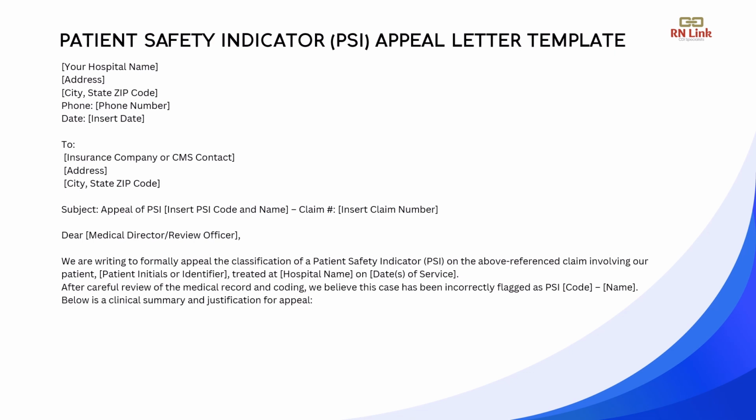Dear Medical Director/Review Officer, we are writing to formally appeal the classification of a patient safety indicator, PSI, on the above referenced claim involving our patient initials or identifier, treated at, hospital name, on, dates of service. After careful review of the medical record and coding, we believe this case has been incorrectly flagged as PSI, code, name. Below is a clinical summary and justification for appeal.